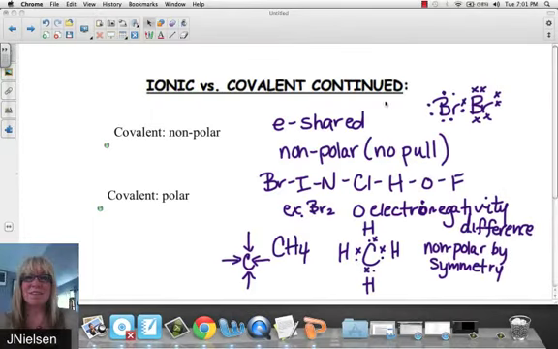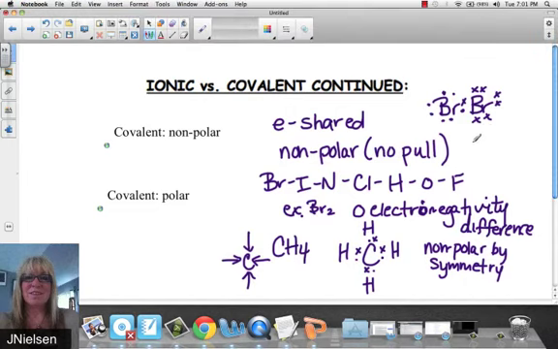And that's what happens in a nonpolar bond. In a nonpolar bond, there is no pull. In other words, there is an equal charge distribution.